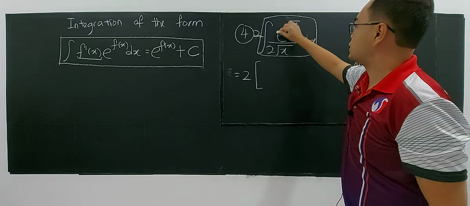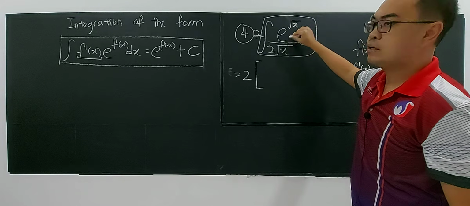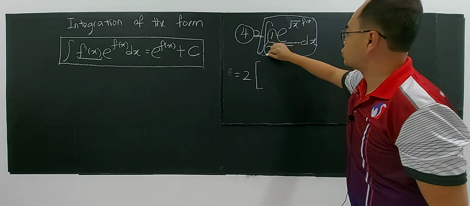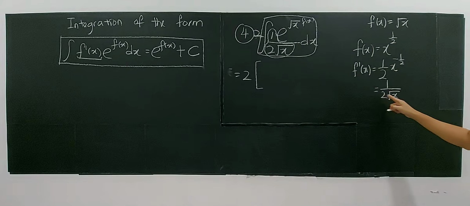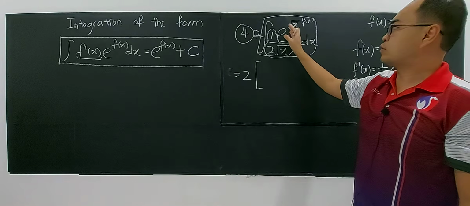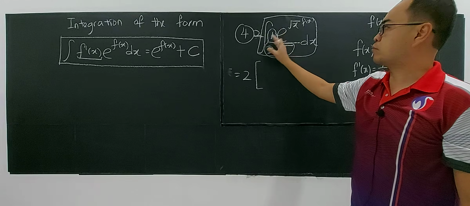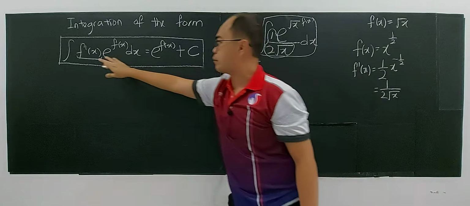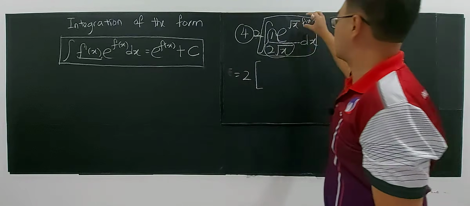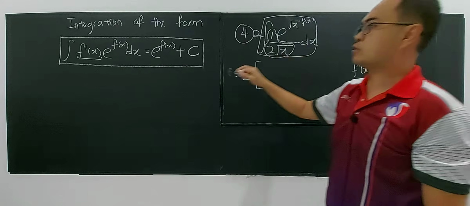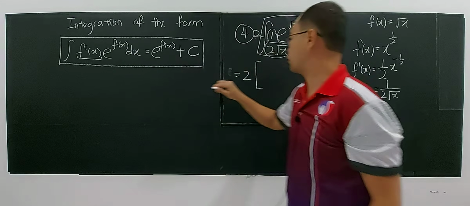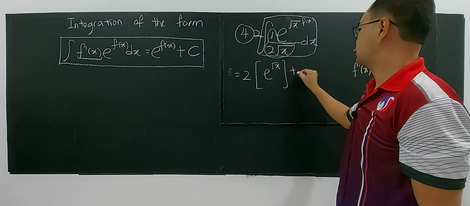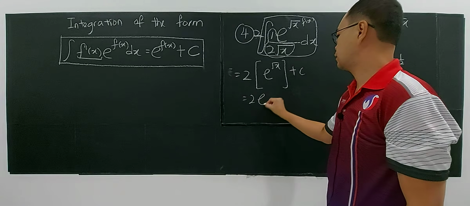So if you look at this, this is e^f(x), this is your f(x), and the 1/(2 square root of x) multiplied in front of the function is f'(x). So I am already in this form, so I can straight away write 2e^(square root of x) + c.